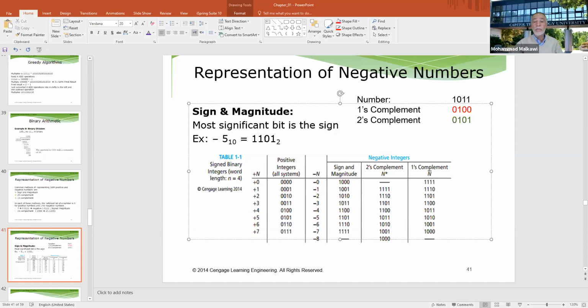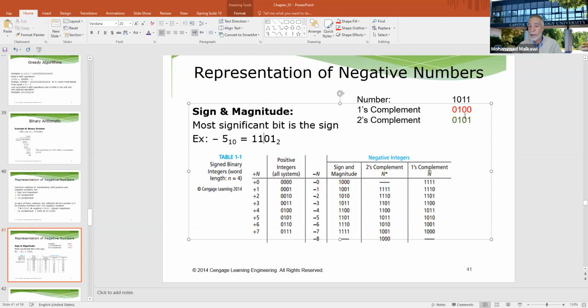And the numbers, how many numbers can I represent here? This is my 1's complement. I convert every bit to the opposite. So it's 1, 0, 1, 0, so 0, 1, 0, 0, which is like the 4, the 1's complement of the 5.